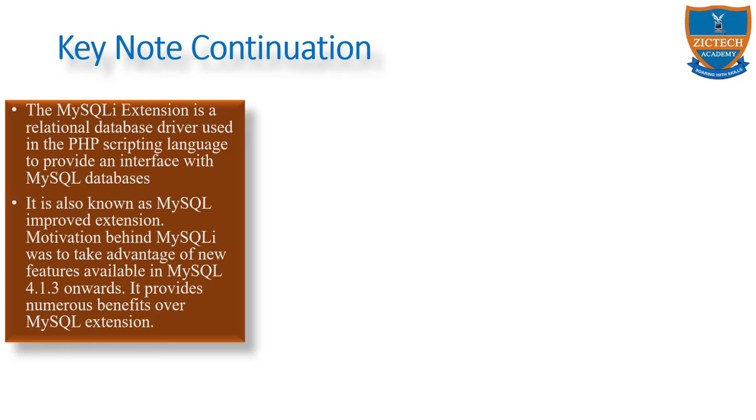So MySQLi is going to serve as an interface between your application and the database. Previously it was MySQL, so it has now been improved to MySQLi. In the course of this project, we are going to see the differences. Okay, all right, it's not difficult, it's very simple, like I always say.